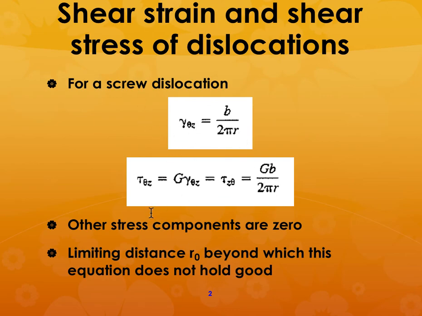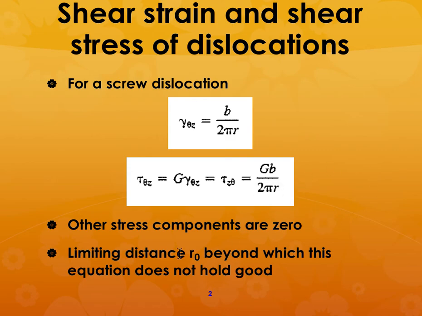And the shear stress for a screw dislocation is equal to the shear modulus times the shear strain, which is equal to the shear modulus times b over 2 pi r. And the other stress components have been derived to be equal to 0.